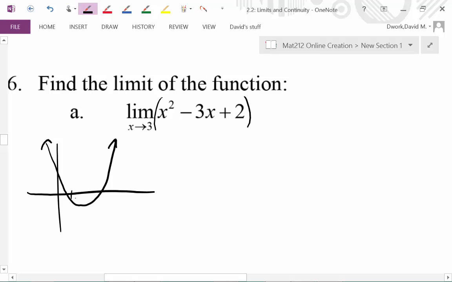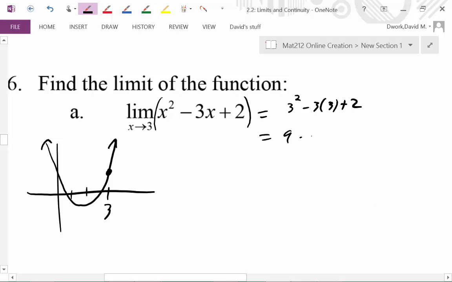But I think we can all agree that there are no jumps, breaks, or any kind of strange corners in this graph where we might have a limit that does not exist, because we all know it's a parabola and we know how they're drawn. So couldn't we just take the value of 3 and substitute it in and say, okay, well, 3 squared minus 3 times 3 plus 2, what does that equal?